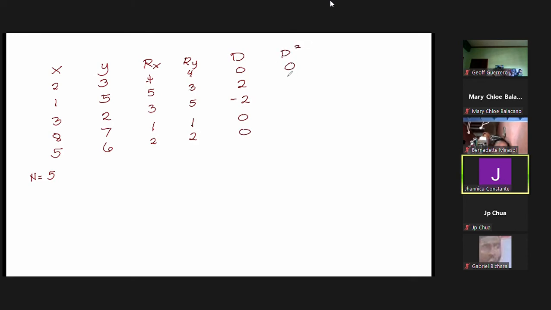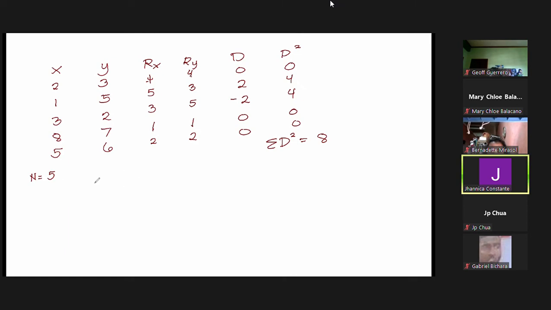So 0, 4, 4, 0, and 0. So the summation of the squared difference between the rank of variable x and variable y is equal to 8.